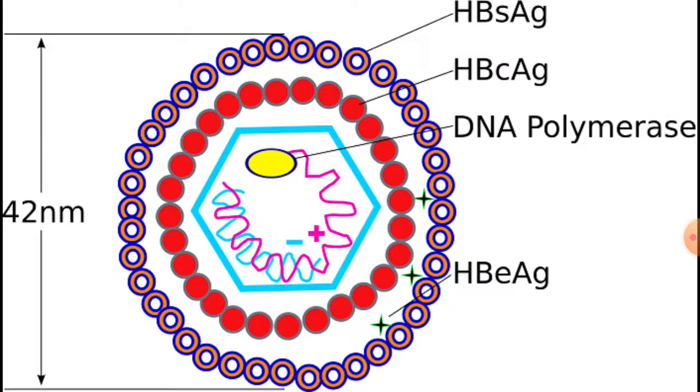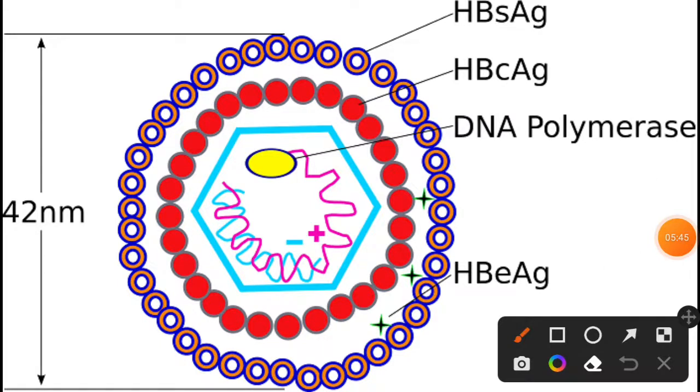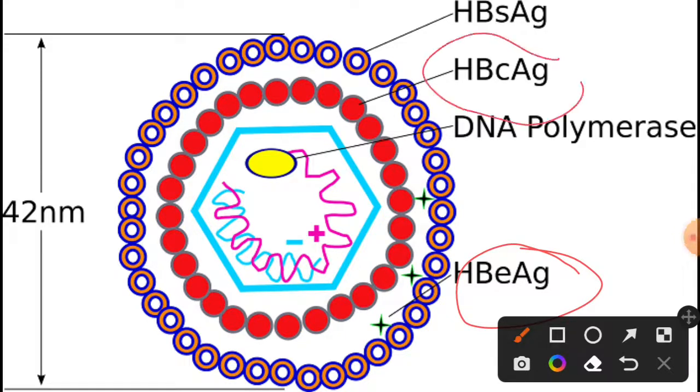The important thing is that it contains three types of antigen: hepatitis B envelope antigen, hepatitis B core antigen, and hepatitis B surface antigen. As the surface antigen is on the outside of the virus, we will target the hepatitis B surface antigen to construct the hepatitis B viral vaccine.